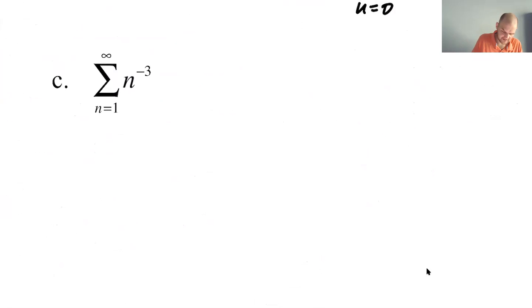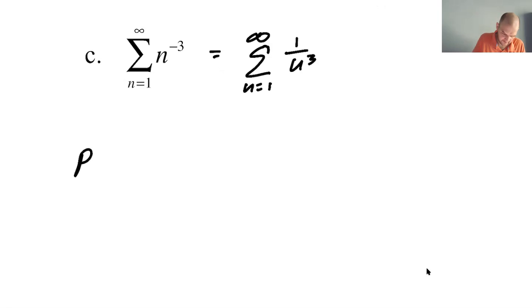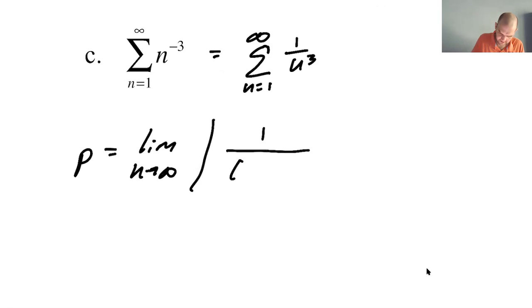All right, let's try this. This is a P series that converges. We already know, right? P is equal to 3, 3 is greater than 1, this converges. But let's try the ratio test. I'm going to do the limit as n approaches infinity of n plus 1 to the third, times the reciprocal, which is n cubed over 1.